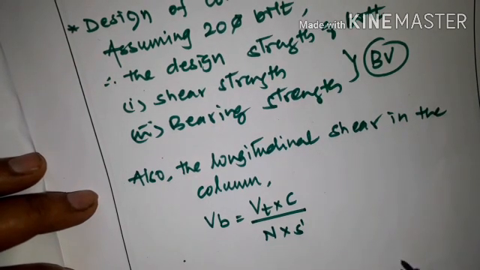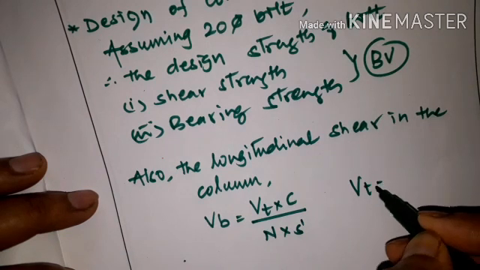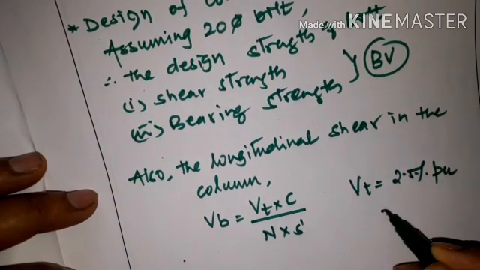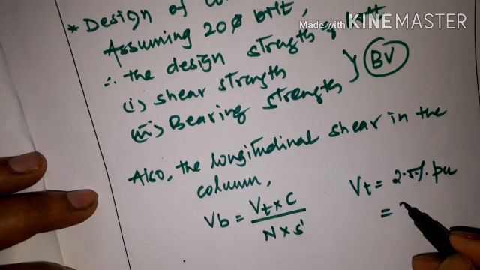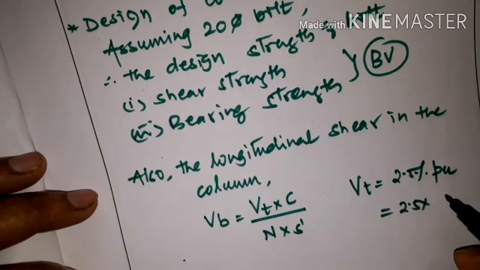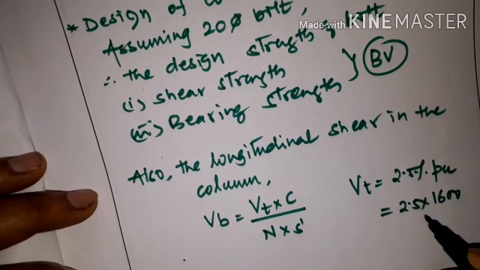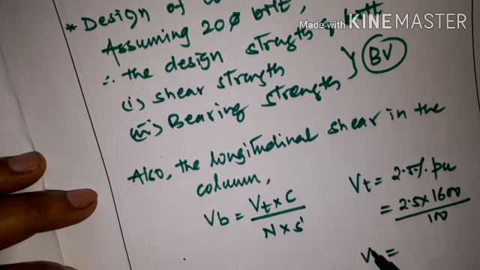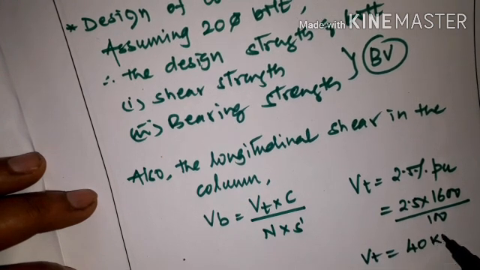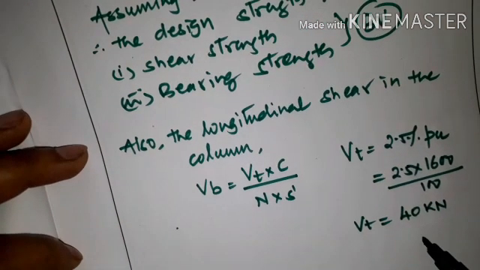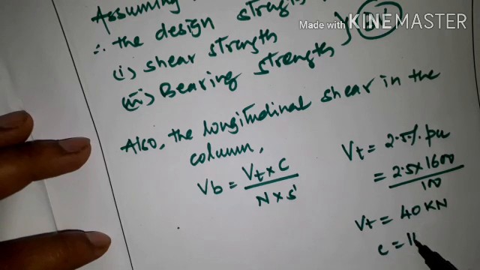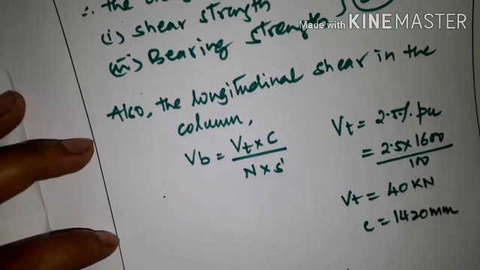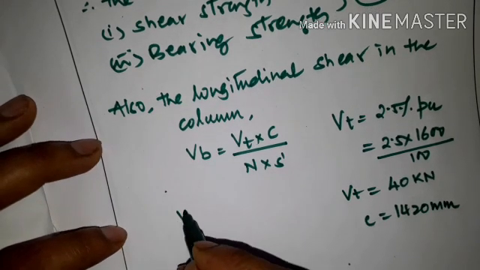So where Vt is 2.5% of Pu. So 2.5 into Pu, 1600, divided by 100, that is for percentage. So we will get Vt is equal to 40 kilonewton. And C we have already calculated, that is 1420 mm. Okay, and so therefore we can calculate Vb.